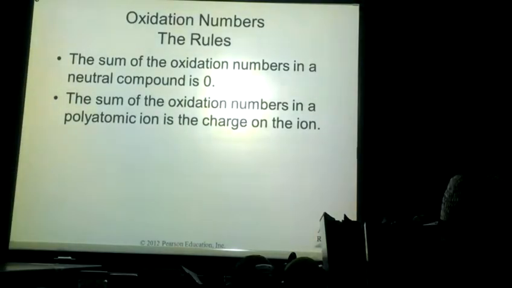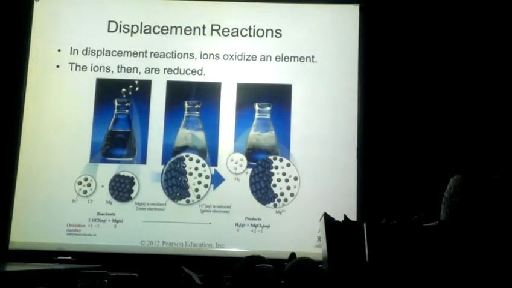So let's go back and talk about redox reactions now that we know how to find oxidation numbers and all the oxidation number rules. Now, in displacement reactions, I'm assuming you have all seen a displacement reaction. In a displacement reaction, this is typically between a metal and an acid, or a metal and some type of metallic salt.